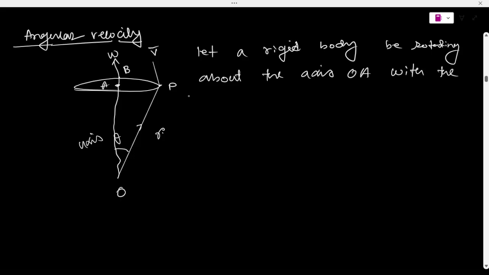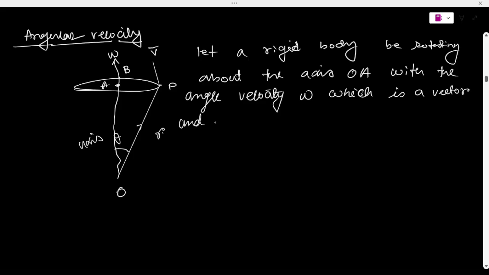with the angular velocity omega, which is a vector, and its magnitude is also omega radians per second.